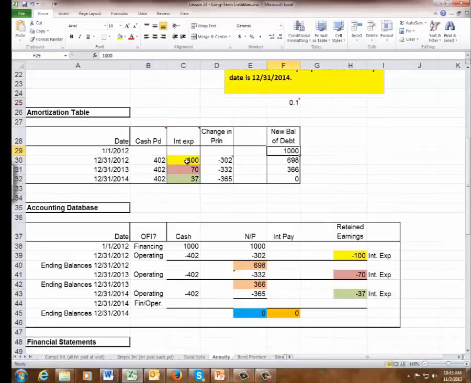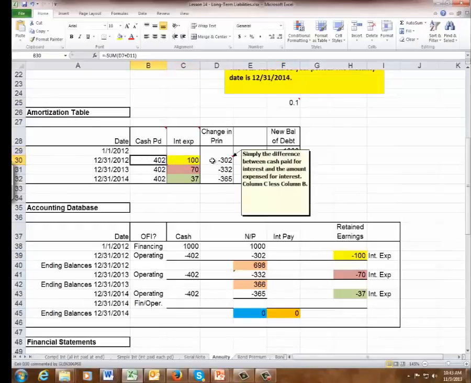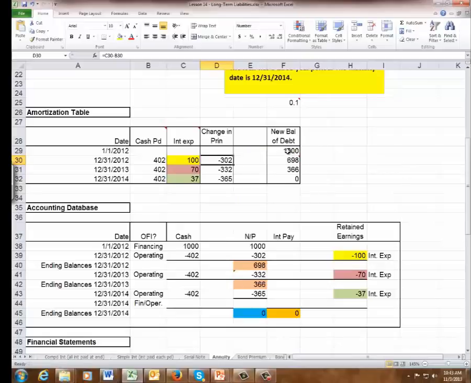So in year 1, the total interest is 100. If the total payment is 402, we're going to knock off $302 of that amount from the $1,000 initial loan. So that 302 will be reducing from $1,000 down to $698.